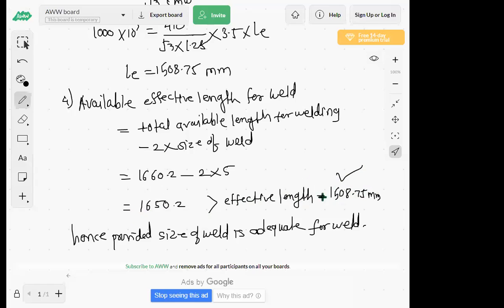So this is your critical length to weld. Okay.